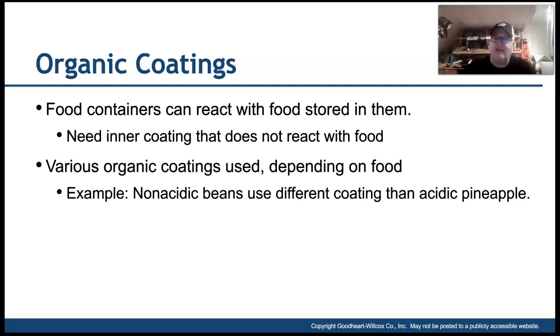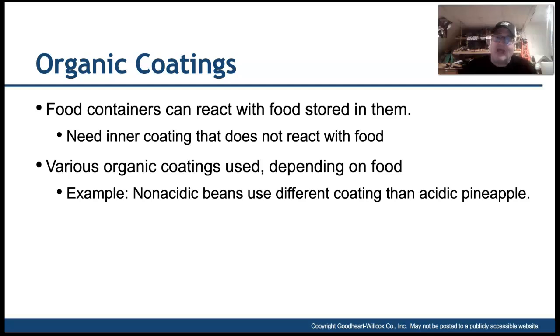So we're talking about different types of fruits and vegetables, certain fruits that are more acidic. If you think about your tomatoes or pineapples, there's going to be a different type of coating in those cans to protect it from the acidic nature of the food, as opposed to what might be going into a can that's holding your chili beans.